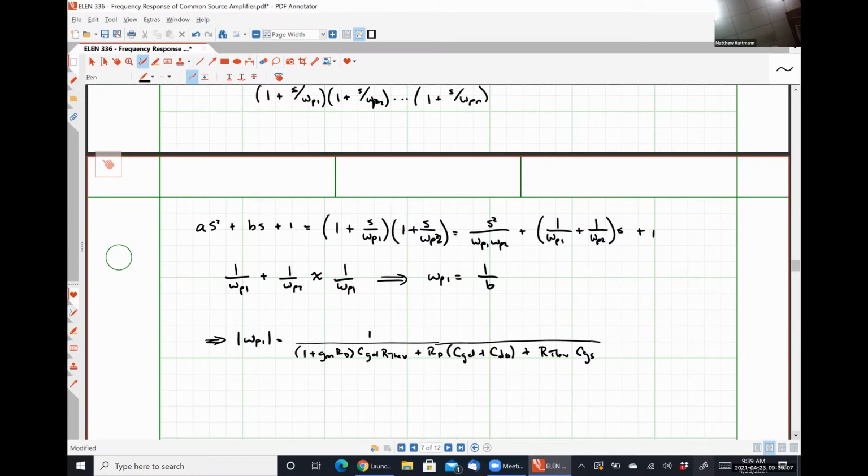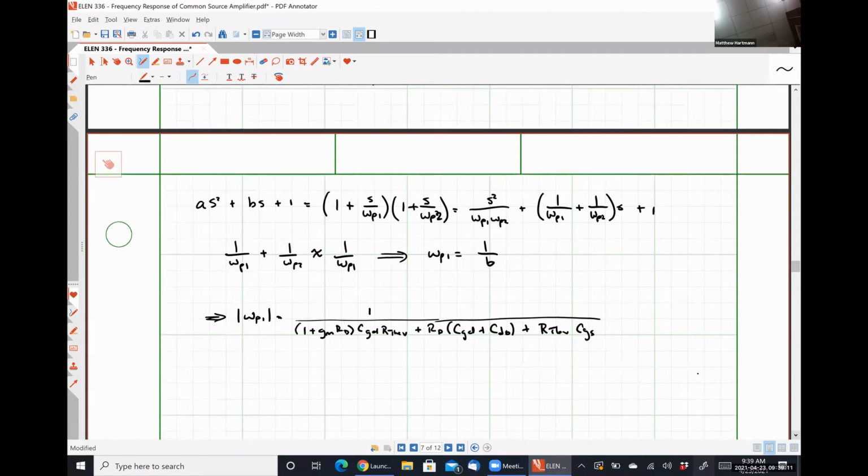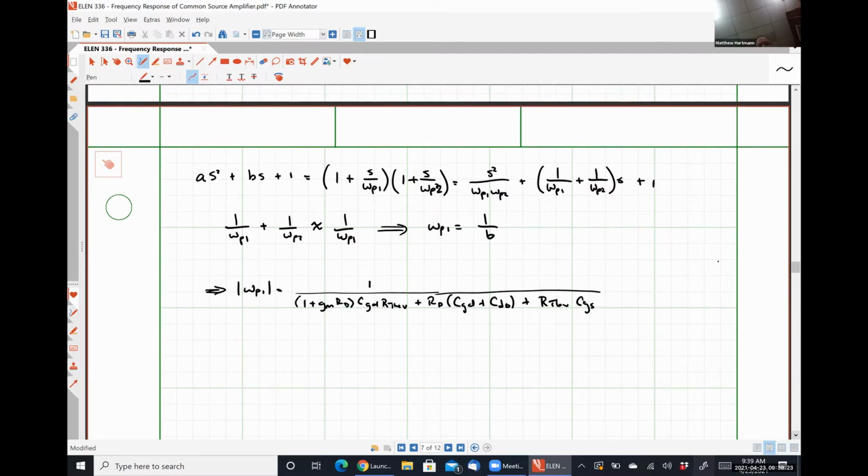Now that we know what omega P1 is, we can figure out what omega P2 is, since we know that A is the product of the reciprocal of the two poles.